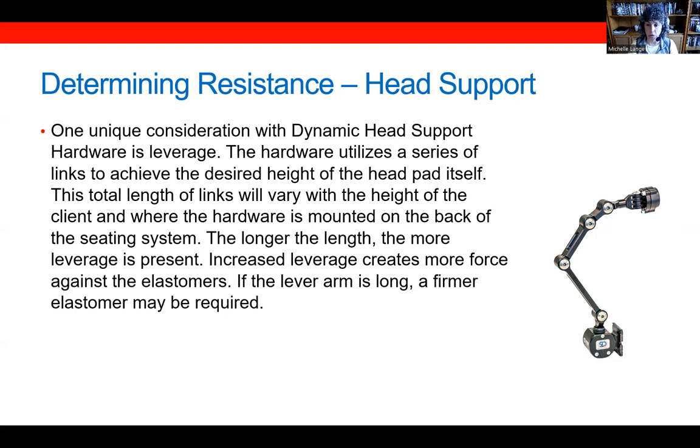And the longer the length, the more leverage is present. So that means that the client can more readily move the head support rearward the longer that lever arm is. So a firmer elastomer may be required in people who have lots of height to their head support hardware.